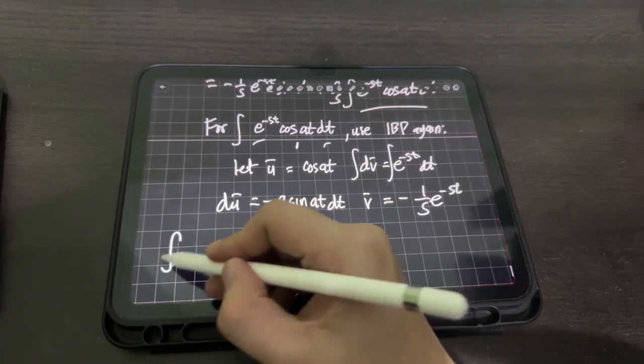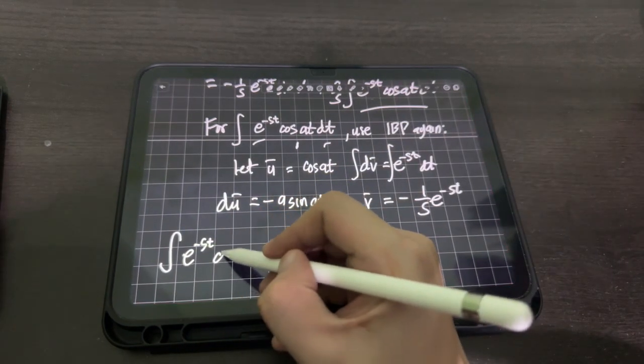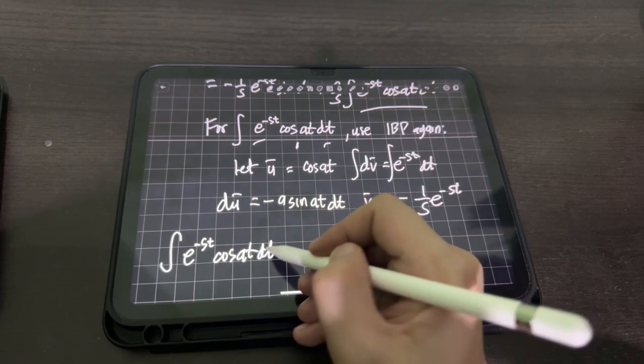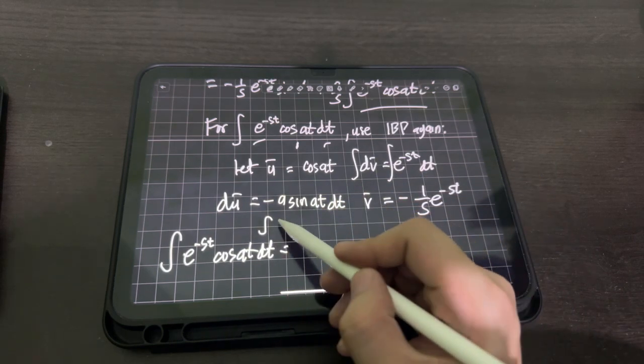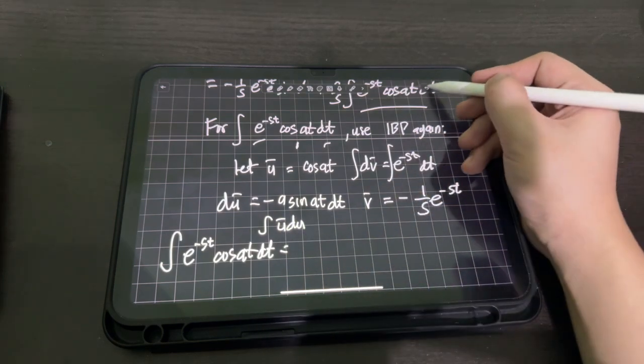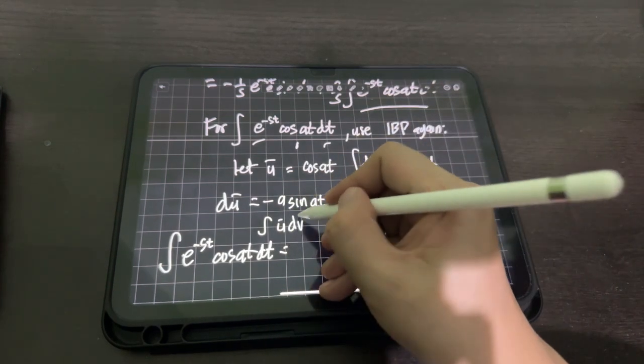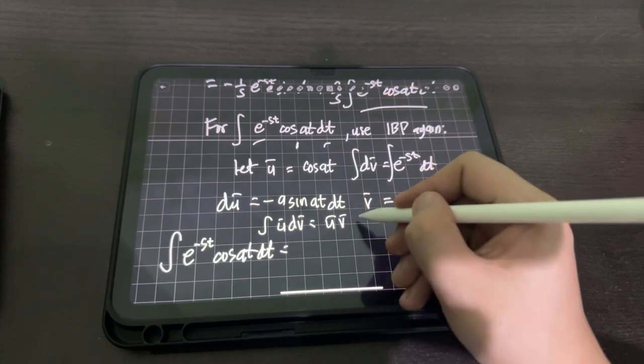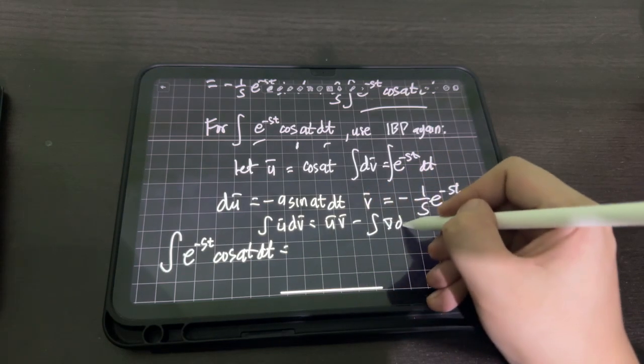So therefore, the integral of e to the negative st cosine at dt, applying the integration by parts formula, the integral of u bar dv bar is u bar v bar minus the integral of v bar du bar.